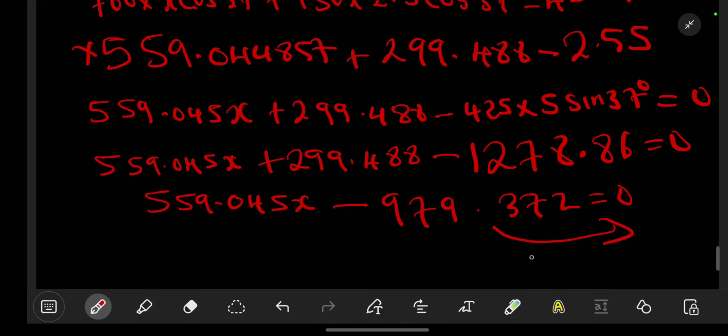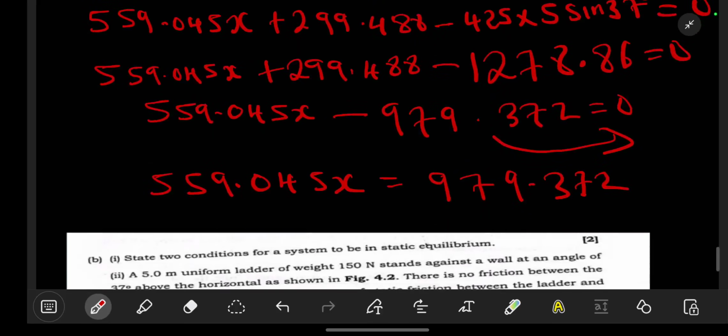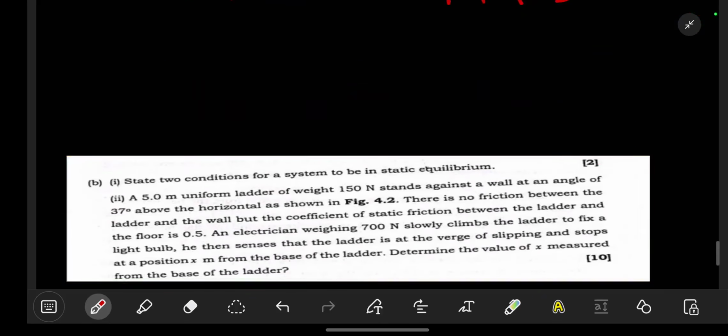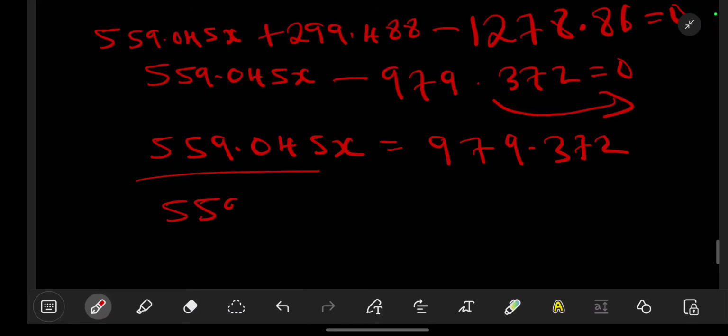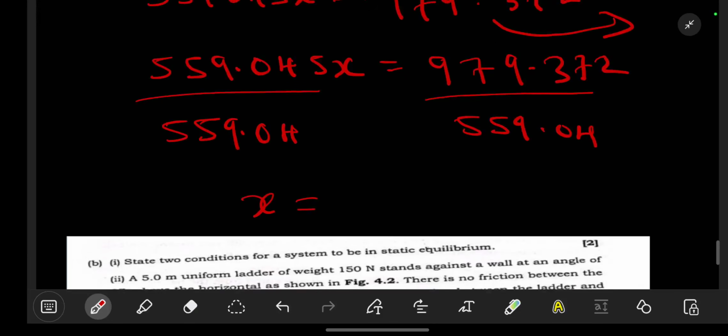We take this value to the other side, so we have 559.045x equal to 979.372. We divide our value over our 559.04, which is going to give us x equal to this divided by 559.04.